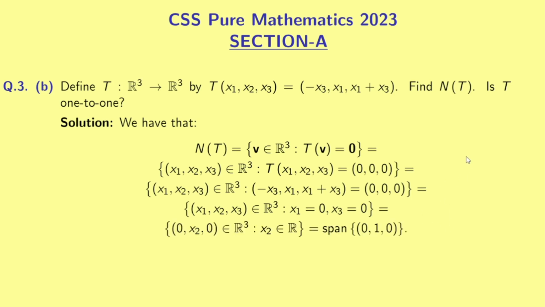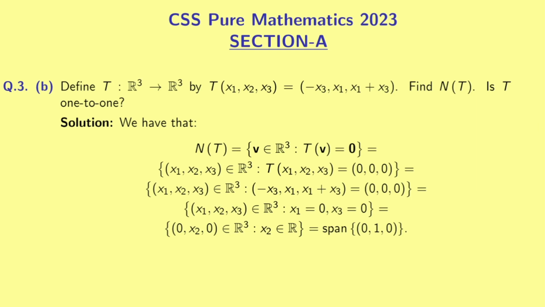It's simply the set of all vectors of the form 0, x2, 0, where x2 can be any real number. And we can improve a bit and write it as the span of the vector 0, 1, 0. So this tells us in particular that the null space has dimension 1, because it's the span of a set which only contains one non-zero vector.